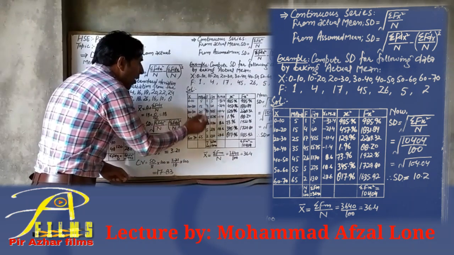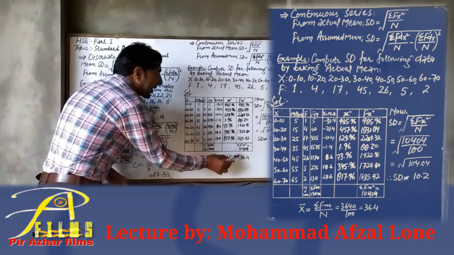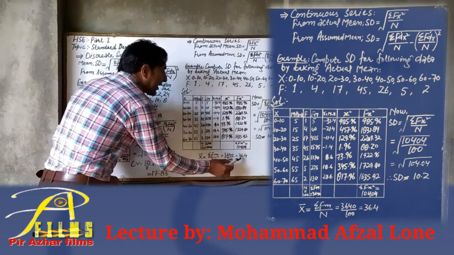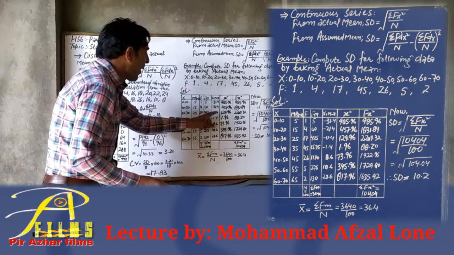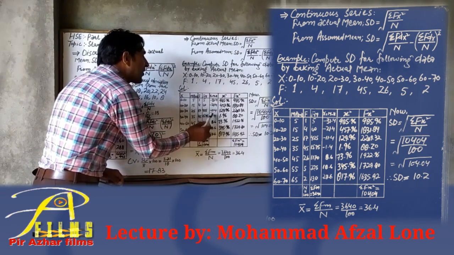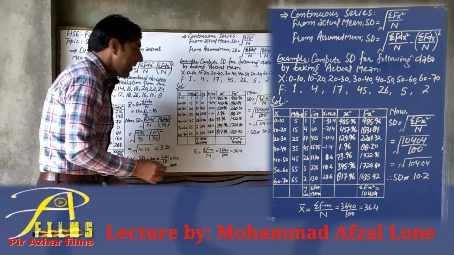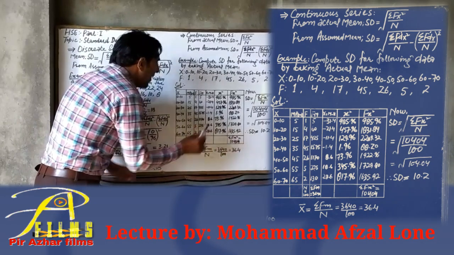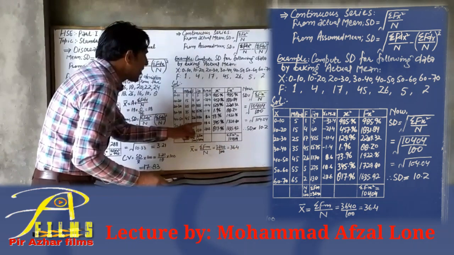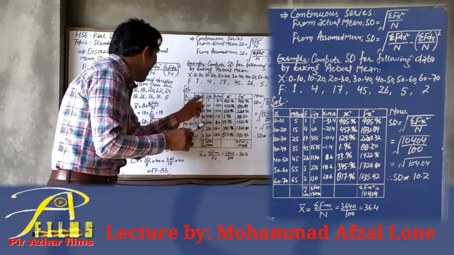Now, 5 minus 36.4 is minus 31.4. 15 minus 36.4 is minus 21.4. 25 minus 36.4 is minus 11.4. 35 minus 36.4 is minus 1.4. 45 minus 36.4 is 8.6. 55 minus 36.4 is 18.6. 65 minus 36.4 is 28.6. This is x, the deviations taken from the midpoint.